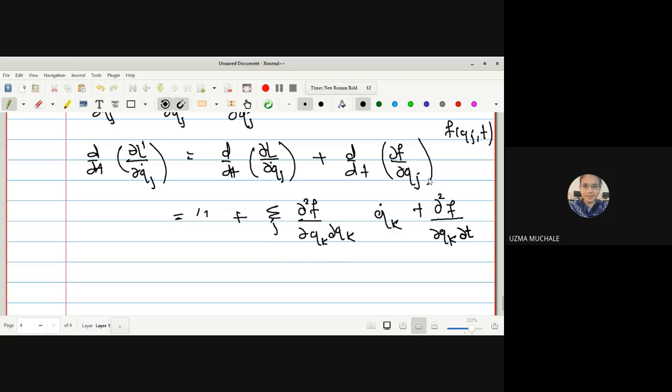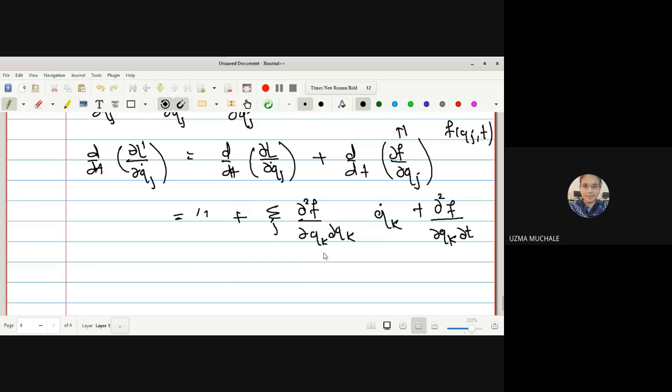First you have to differentiate after considering f as a function of qj and t. You can name it as some function m. Then you can find the derivative of m with respect to qj, derivative of m with respect to qk and qk with respect to t. Next, derivative of m with respect to t.